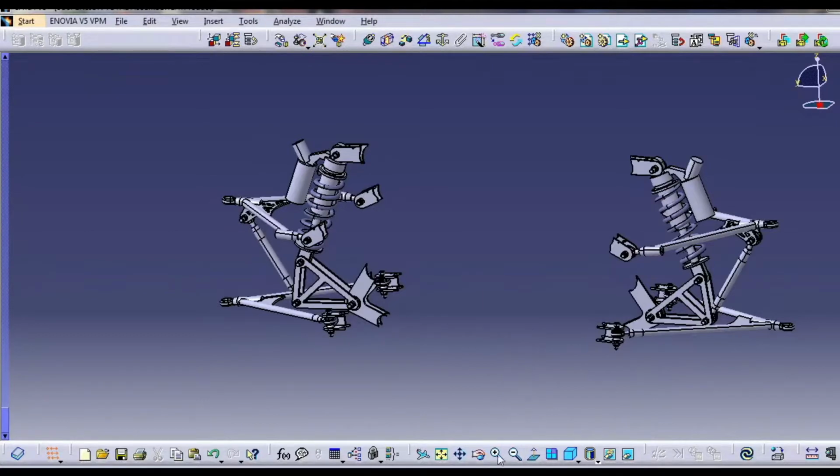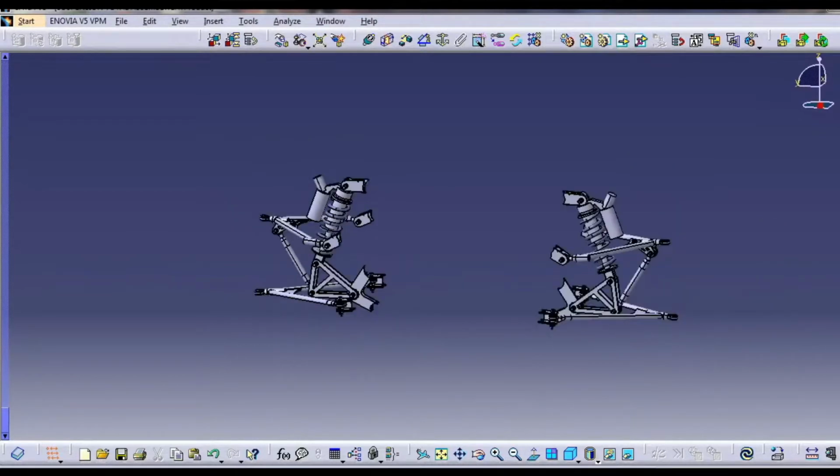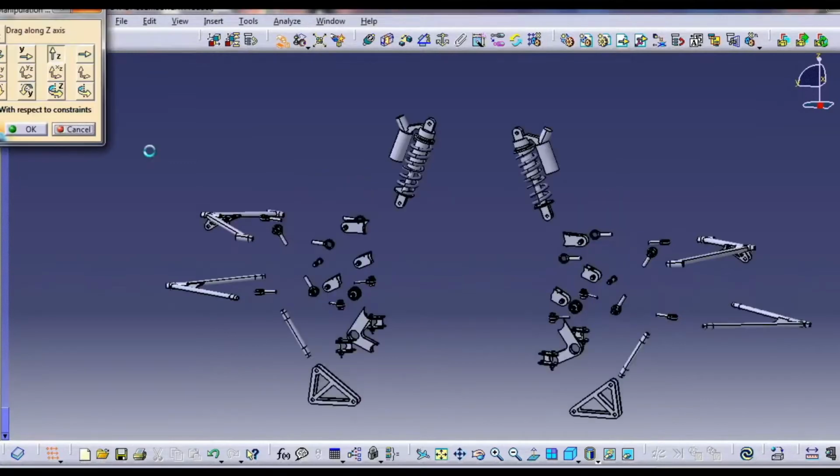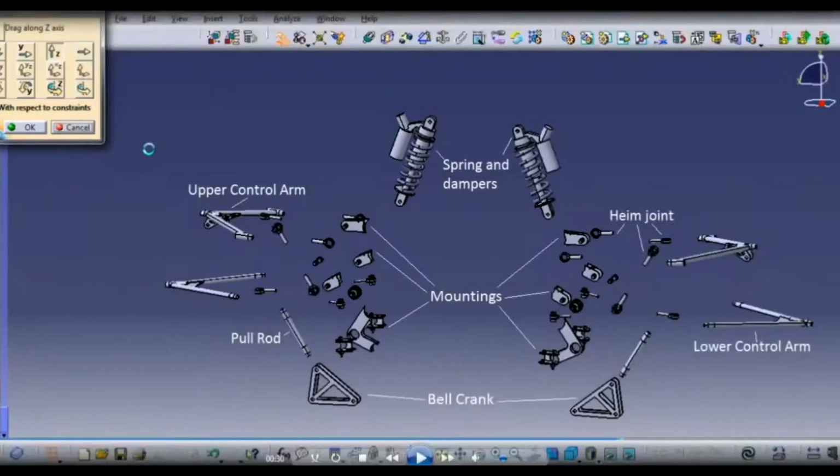So this geometry helps us to get more force at the front. And plus the geometry is between the suspension arms, so there is less drag created. The front suspension system is shown on your screen. These are the parts of the suspension system.